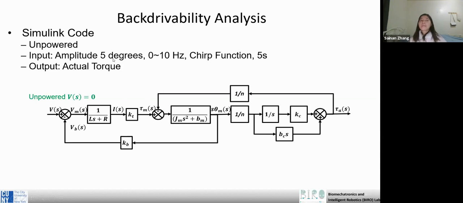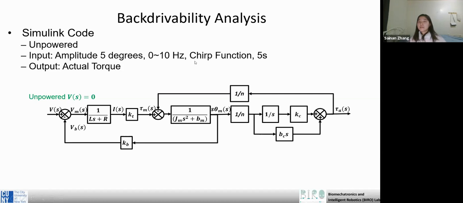We will monitor the human's walk. So we set the amplitude to 5 degrees, and the frequency is 0 to 10 Hertz.